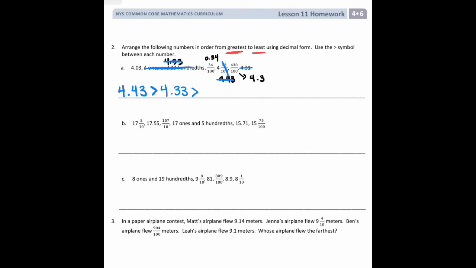That's what makes it a little bit less than 4.33. I'm sorry, 4.31, I forgot about that one, would come next because it has only 1 hundredth, and then 4.3 would be next. Then we'd have 4.03 because that's no tenths and 3 hundredths. And the very smallest one would be 0.34 because it doesn't even have any wholes.